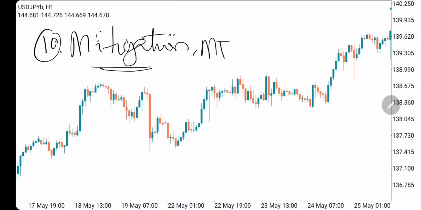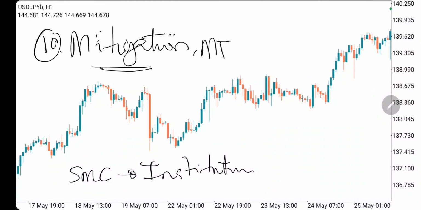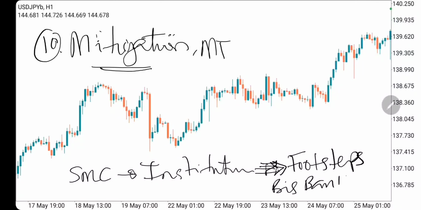But why we call ourselves institutional traders is because we trade in the footsteps of big banks. We know when they are in the market, and we trade in the footsteps of big banks, big hedge funds, and the big financial institutions.